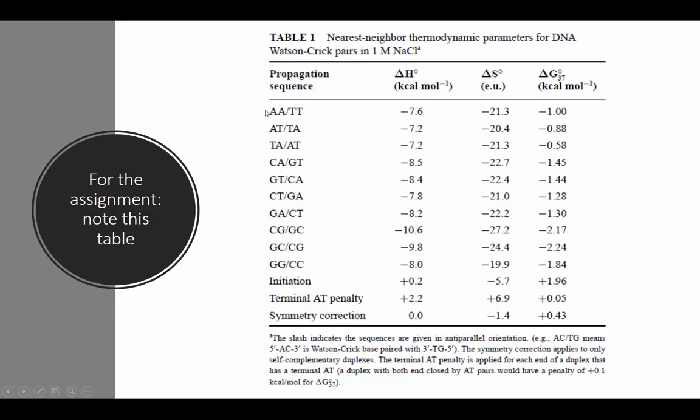So if you're given a certain segment of DNA and you want to know the thermodynamic properties, you can basically be additive using this table here. Or if I have an AT/TA base pair where A is hydrogen bonded to T, T is hydrogen bonded to A, this will be the delta H, delta S, delta G at 37 degrees respectively.